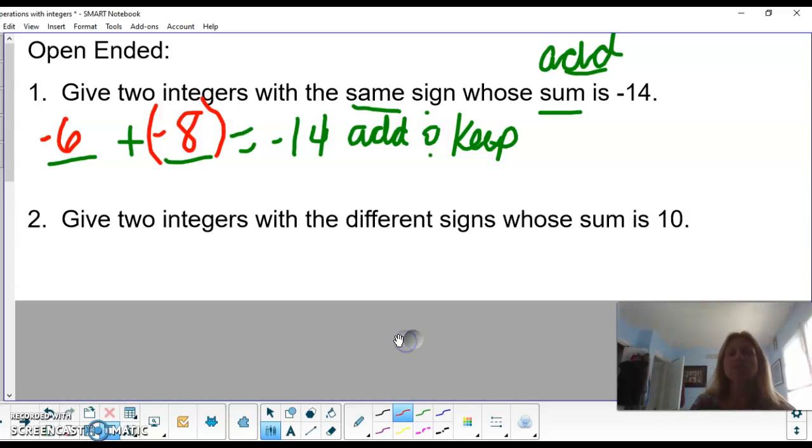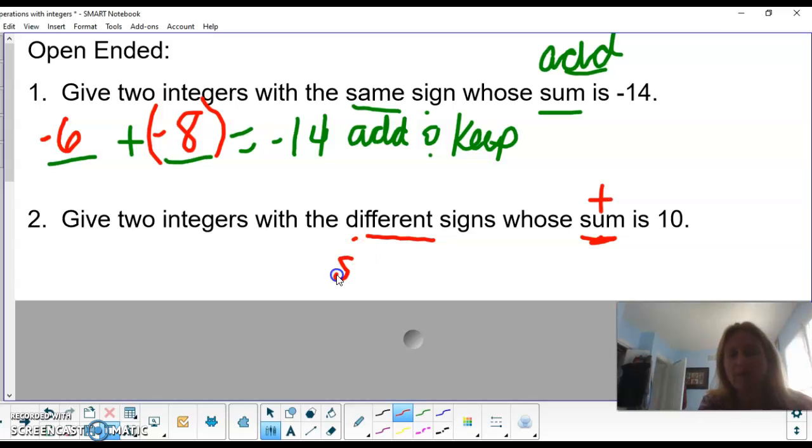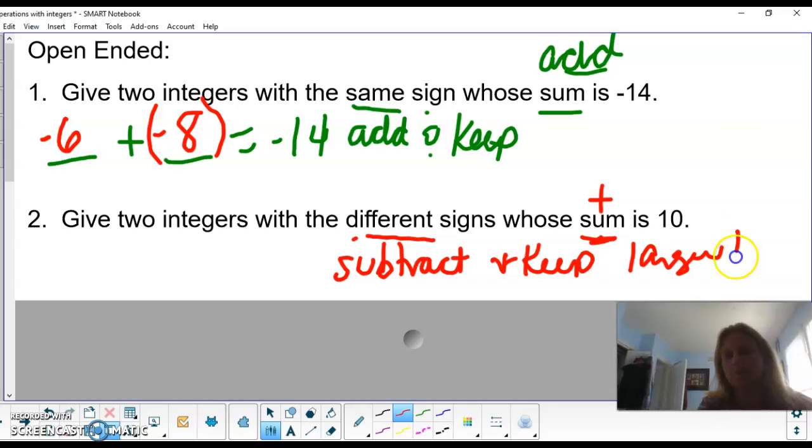Give two integers whose different signs is whose sum, so that's adding, is 10. So different signs we subtract and keep the sign of the larger number. Keep larger number. Okay, so now but we're adding.